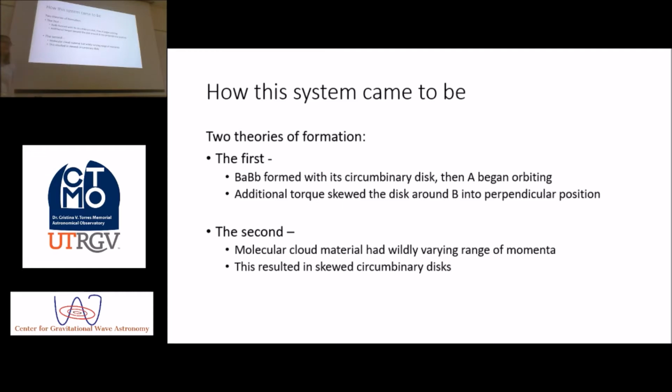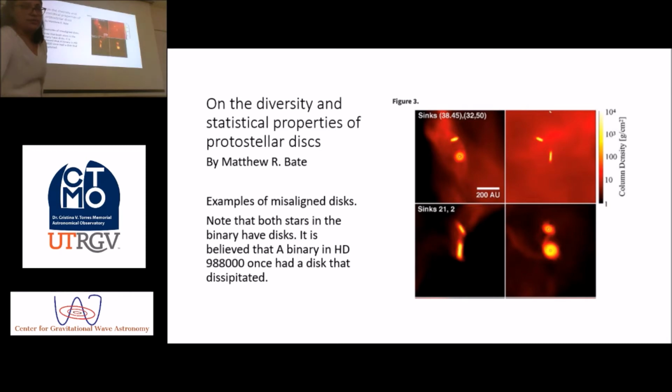That's the first theory. The second theory suggests that if there were a wildly varying range of momenta in the molecular cloud, this system could have formed and resulted in skewed binary disks. There's an image on the next slide that is important to this.